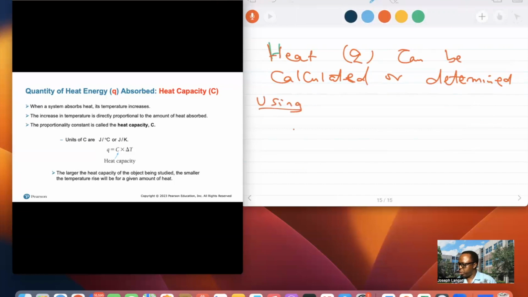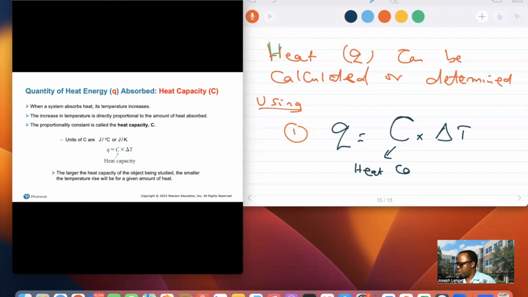Depending on what you are given, it could be Q equals C times the change in temperature, where C is the heat capacity.